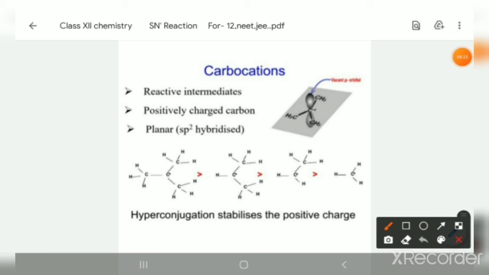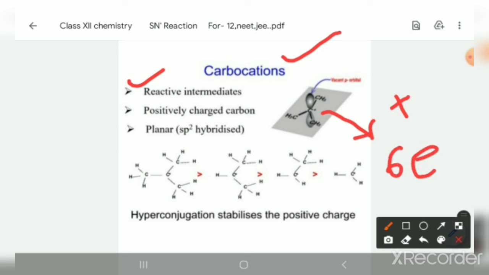Now see here about the carbocation. तो आपको बता दें कि carbon when carrying a positive charge is known as carbocation or carbonium ion. This is a very reactive intermediate species because this carbon has only 6 electrons in the valence shell, यानी 8 से octet से 2 कम है.